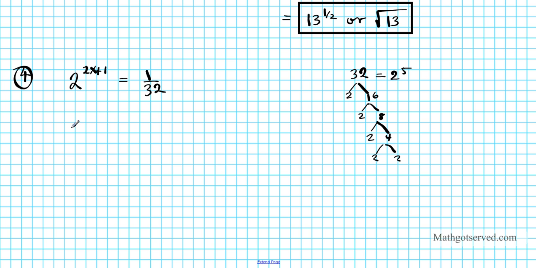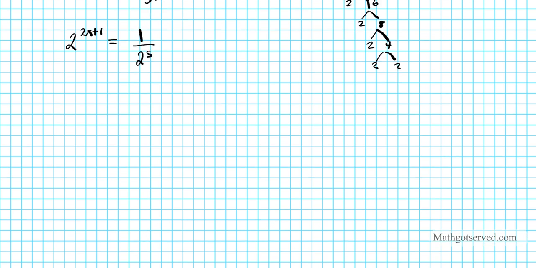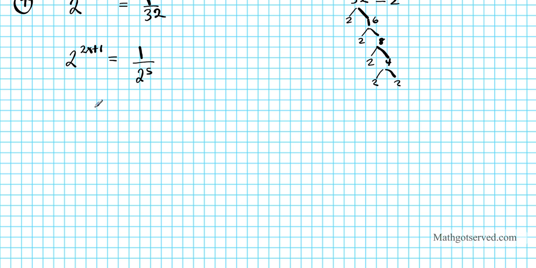We're going to write this as 2 raised to the 2x plus 1 equals 1/2 to the 5th. I'm going to use the reciprocal property of exponents to rewrite 1/2 to the 5th, so I'm going to end up with 2 to the 2x plus 1 equals 2 to the -5.